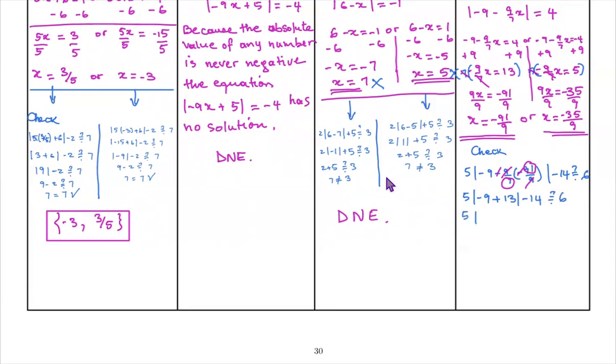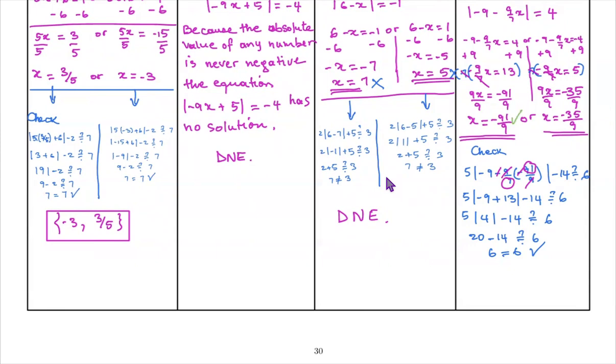So that's 5, absolute value of negative 4, positive 4 minus 14, is it 6? Absolute value of 4 is 4, so that's 20 minus 14, is it 6? That 6 equals 6. x equals negative 91 over 9 is verified.